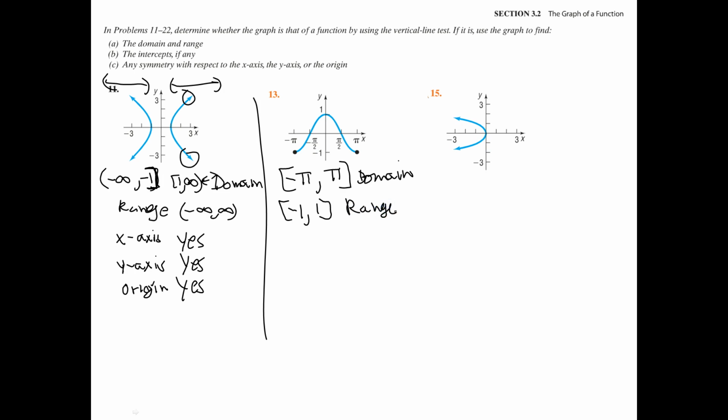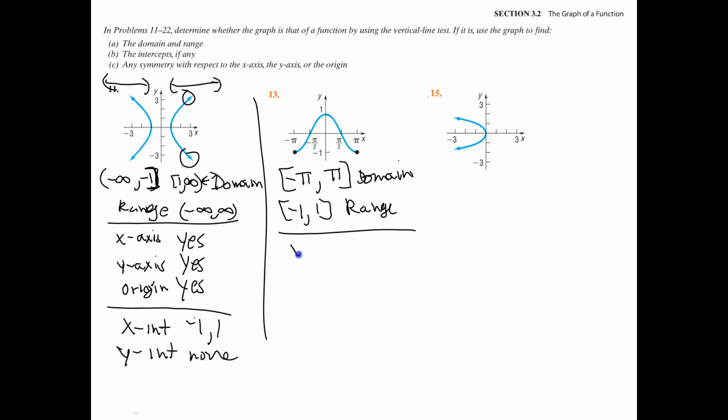The intercepts. Well, I didn't answer the intercepts question here. Sorry. Domain and range, symmetry. The intercepts question. X-intercepts for this question are -1 and 1, and there is no Y-intercept. X-intercepts, -pi/2 and pi/2.